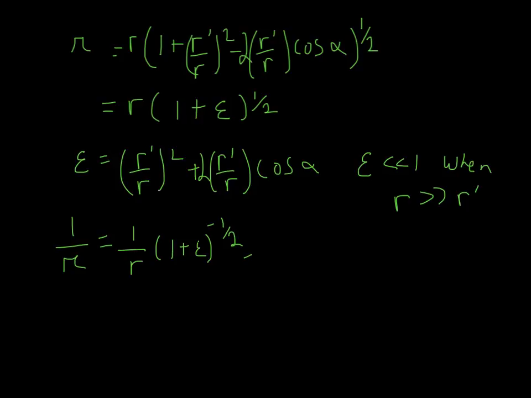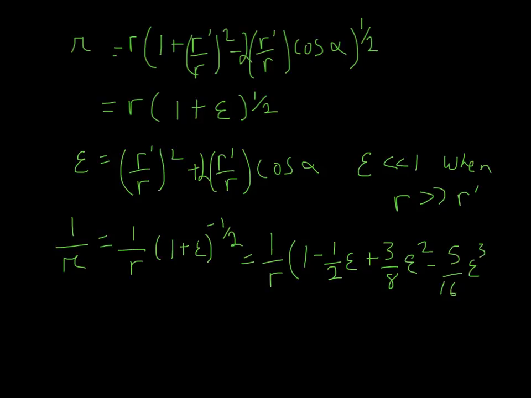That's going to be equal to 1 over r, and here comes the expansion: 1 minus 1/2 epsilon plus 3/8 epsilon squared minus 5/16 epsilon cubed, and so on.